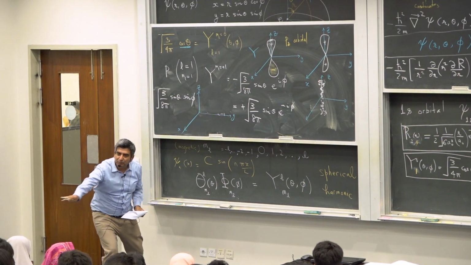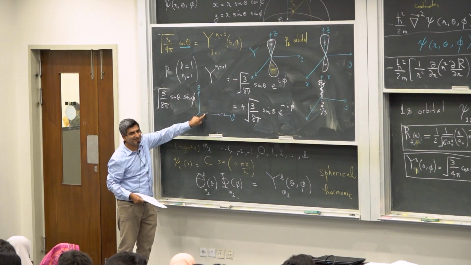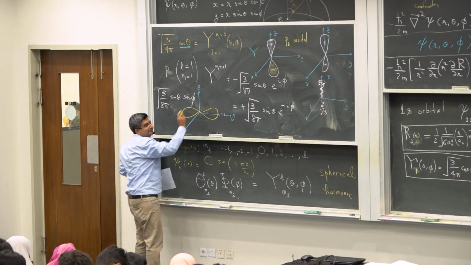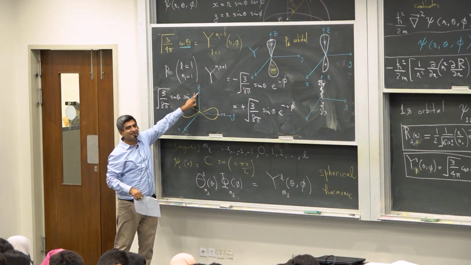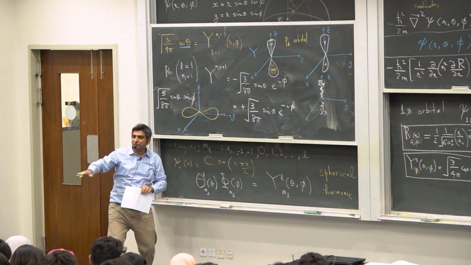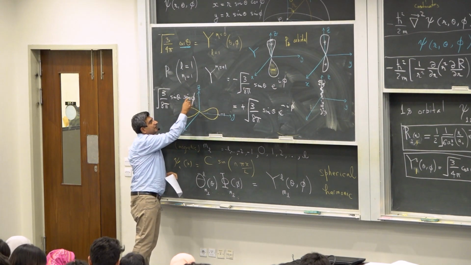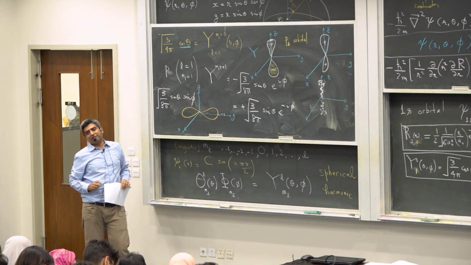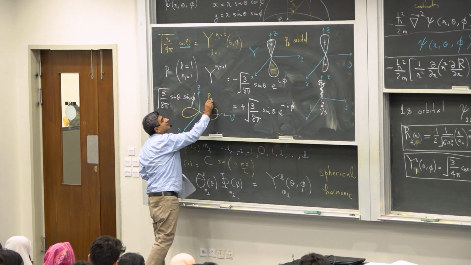So I get maximal wave function in the xy plane, and I get maximal wave function when phi equals 90 degrees. So my lobes will now lie along the y axis, and I get 0 wave function on the z axis, because here theta is 0. This thing is maximum when theta is 90 degrees, so I'm on the xy plane, and phi is maximal when phi is 90 degrees, so I'm on the y axis. This orbital, chemists call this a py orbital.